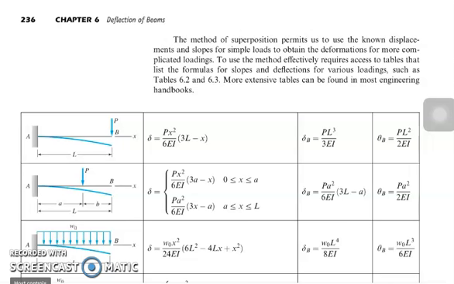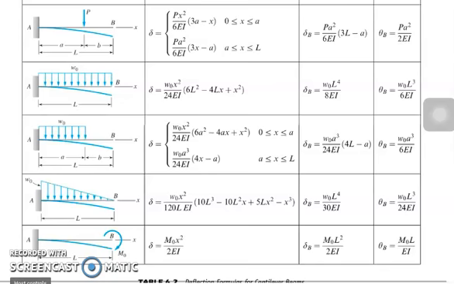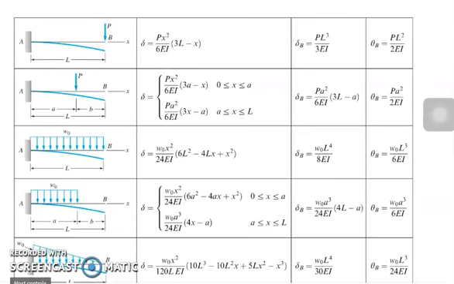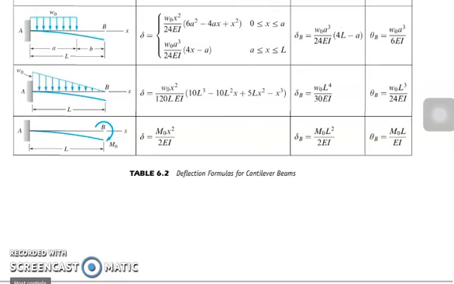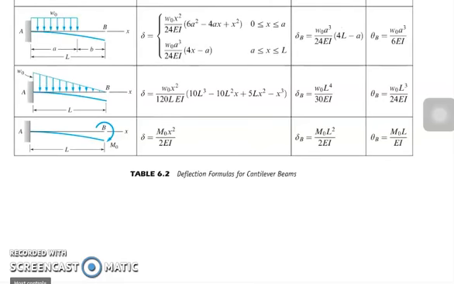These are the formulas that we are going to use to solve for the slope and deflection for the different loadings acting on the beam. Here is Table 6.2, which has the formulas for cantilever beams.